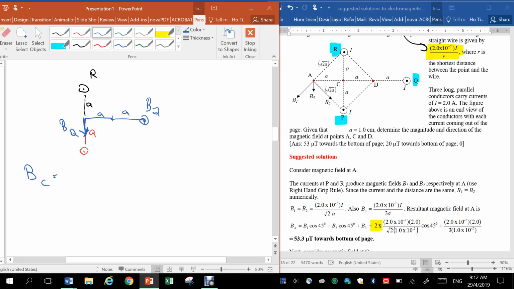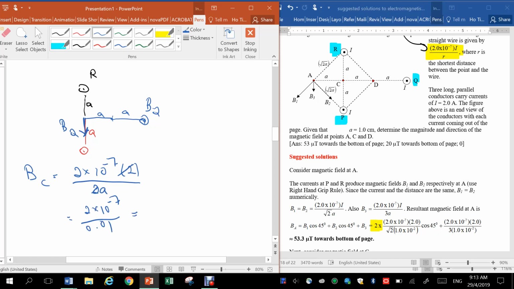It's just 2 times 10 to the power minus 7. Current of 2 ampere. Distance of A, or 2A. So 2 and 2 cancels out. We have 2 times 10 to the power minus 7. A is 0.01.